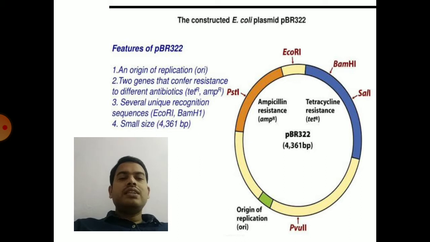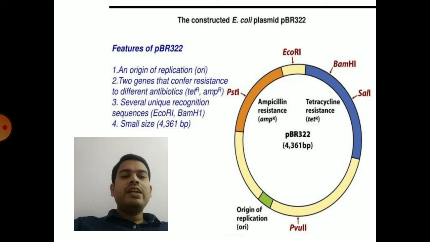So at the restriction endonuclease cleavage site EcoR1, you can introduce your foreign DNA. You can select the transformed or non-transformed cells based on ampicillin resistance, and also your foreign DNA insert you can check with the help of tetracycline resistance.